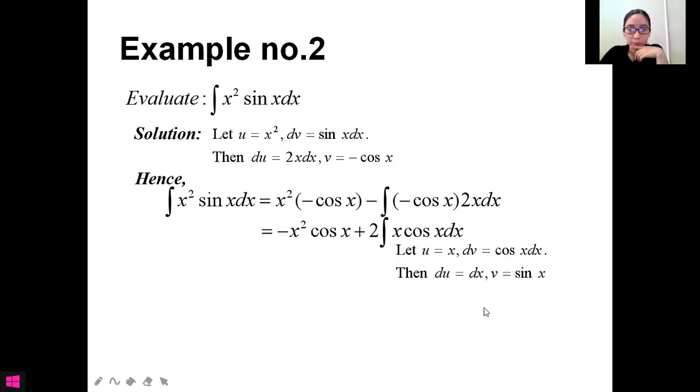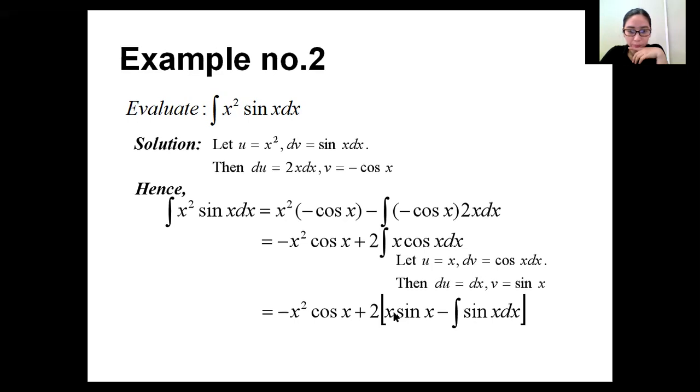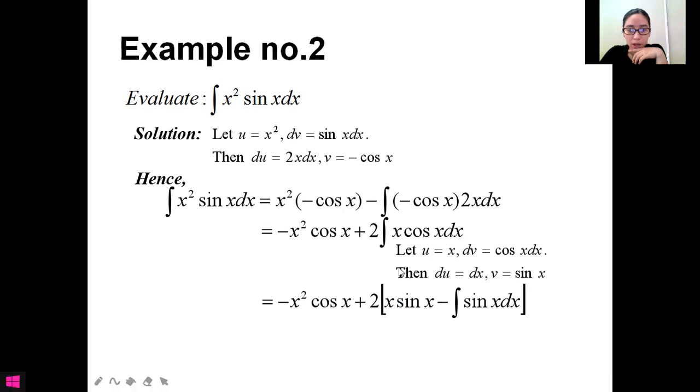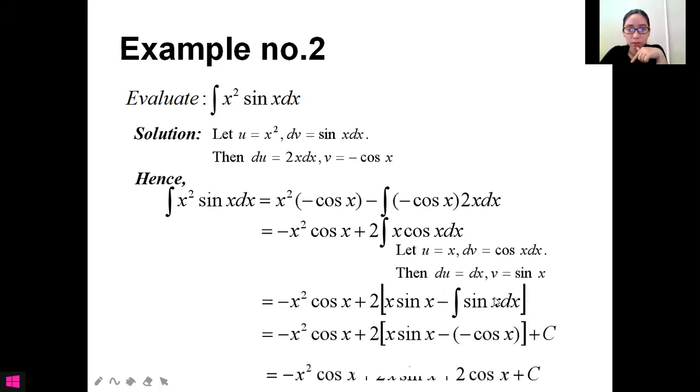Okay? So now let's proceed with the answer na dayon. So next mapurma na sad siya ingon ani class kay di ba u dv, mapurma na sad tag u v minus integral of v du. Okay? So hantod sa moabot na ta nga ma-answer na nato ni integral of sin x dx, di ba?